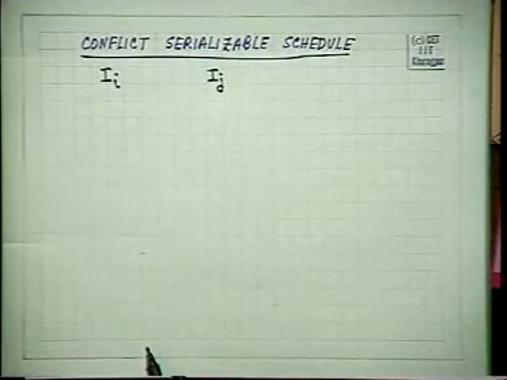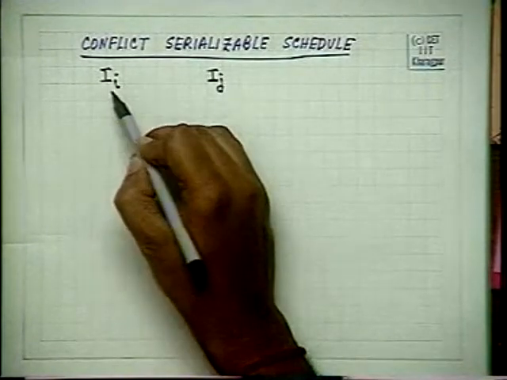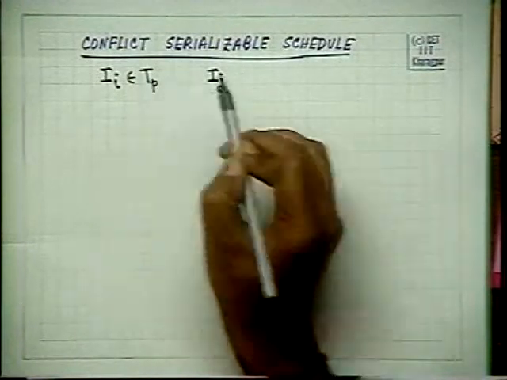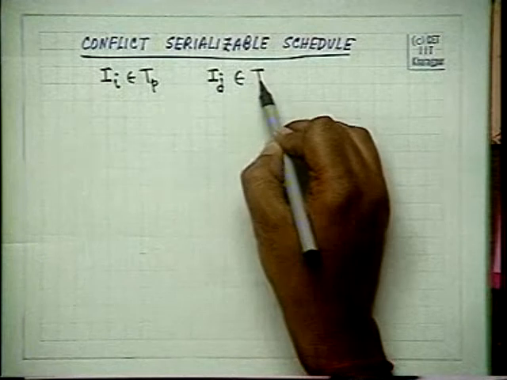So now let us go a little more into the definitions. Let Ii and Ij be two instructions such that Ii belongs to transaction Tp, say, and Ij belongs to transaction Tk.